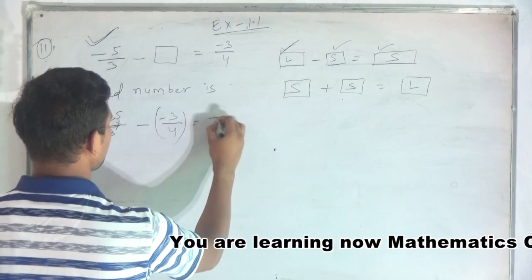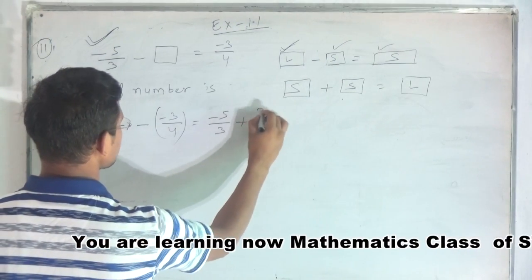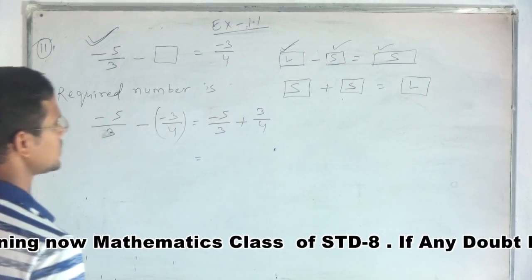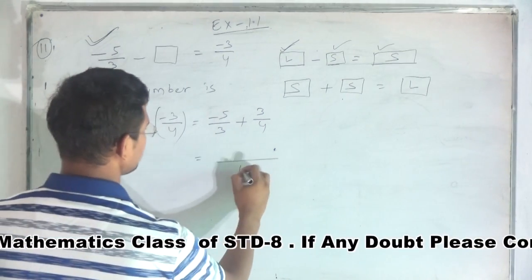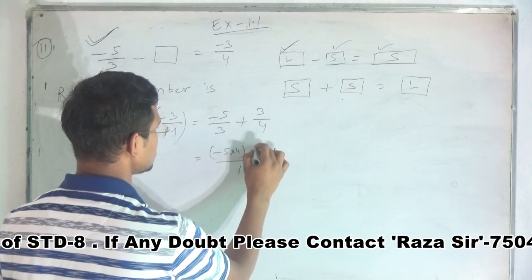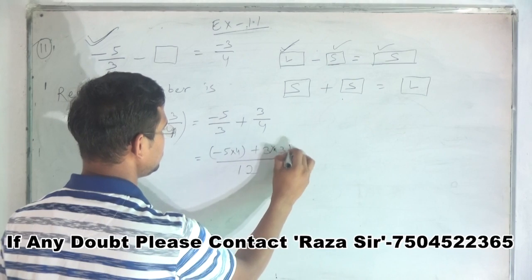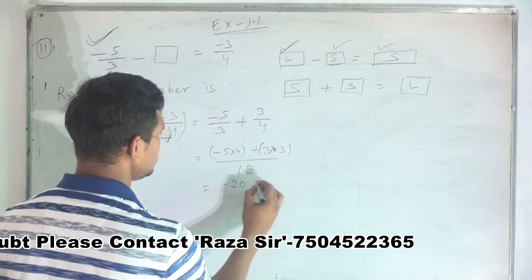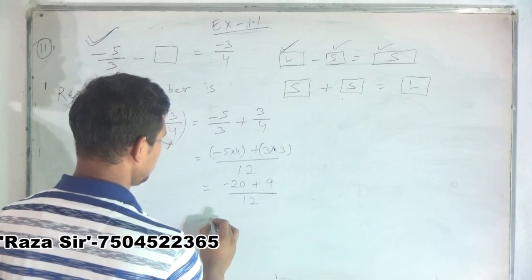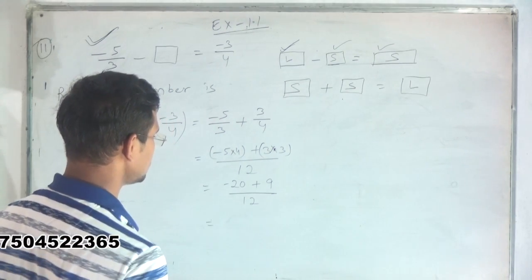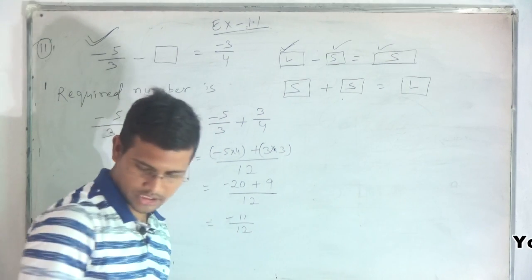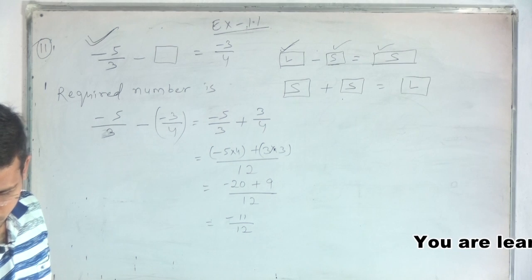Now minus 5/3 plus 3/4. LCM is 12, then minus 5 into 4 plus 3 into 3, minus 20 plus 9 divided by 12, equal to minus 11 divided by 12.